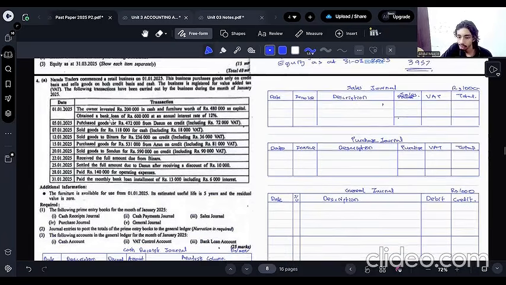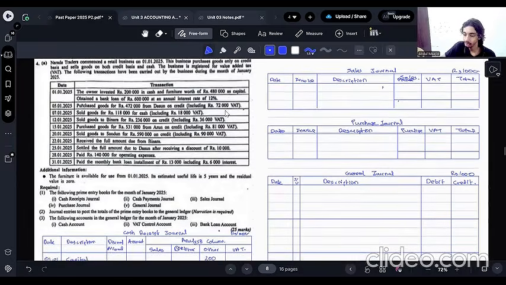Next, obtain the bank loan of 600,000 at an annual interest rate of 12%. But first, the other thing, furniture. The owner invested cash and furniture. The furniture investment will go to the general journal. That will be 1st of January. Furniture account debit 480,000.